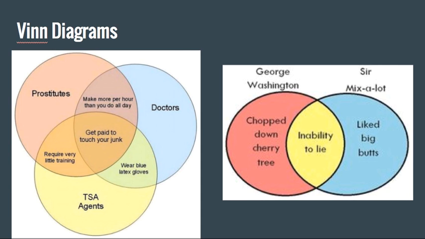But the fact that they're so simple also makes them easily misleading. I could take any three things, throw them into a Venn diagram, and make a graphical representation of it. It doesn't necessarily mean that that commonality is true or that I have any information or research or data to back it up.